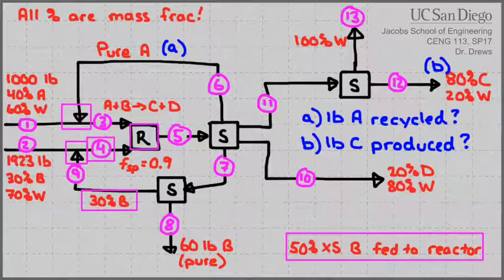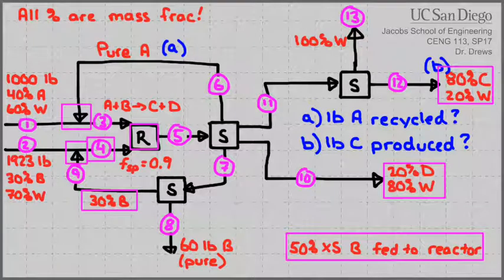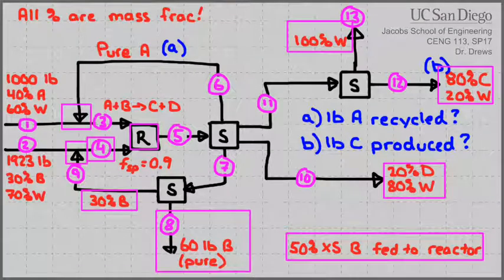We know everything going into 5, everything coming out. We could probably figure out what's happening after that just by writing out the material balances for everything that's coming out, because we can do balances over these streams here. We know basically the mass or mole flow rates of all of these streams coming out, which are 8, 10, 12, and 13.